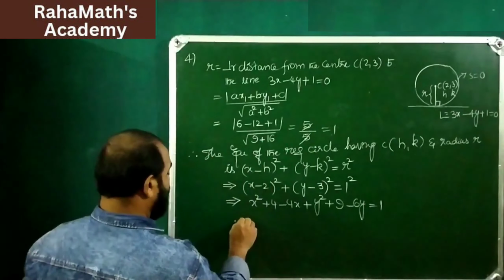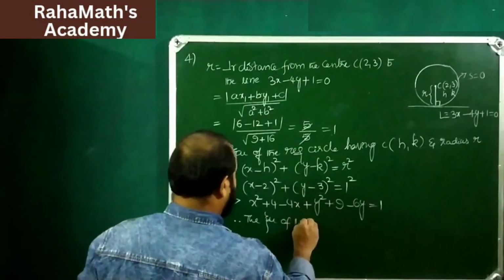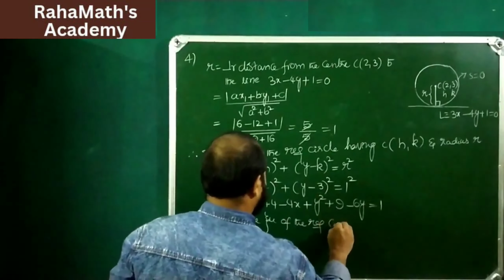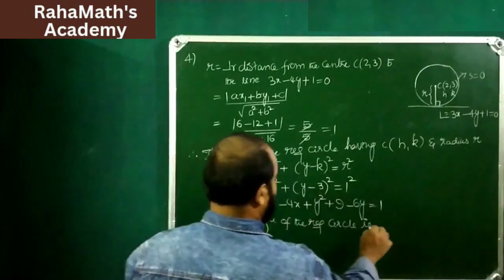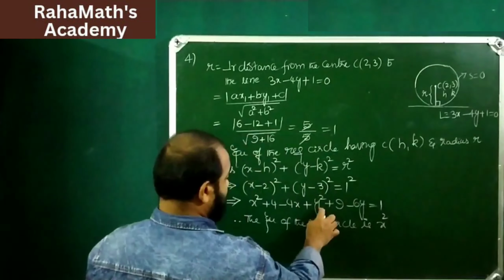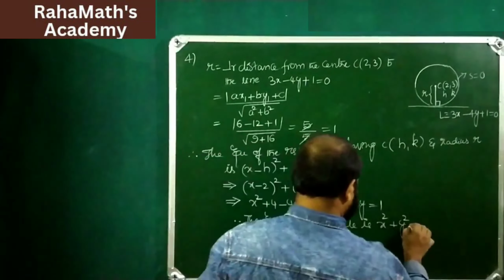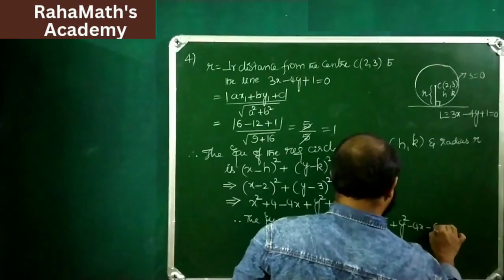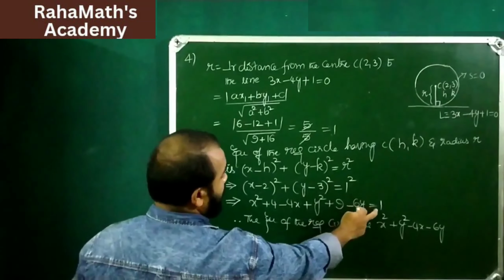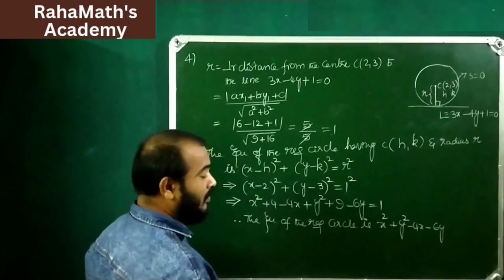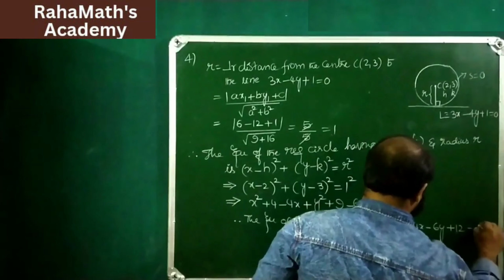Therefore, the equation of the required circle is x square plus y square minus 4x minus 6y, 4 plus 9 is 13. This plus 1, if you transpose this side, minus 1, 13 minus 1 is 12, equals 0.